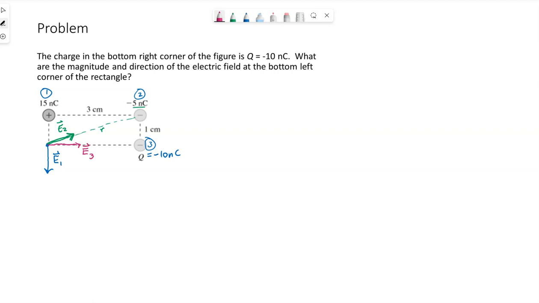I should draw E1 longer because it's going to be bigger, both because the charge is bigger, but also it's closer. So I'll just draw that longer.